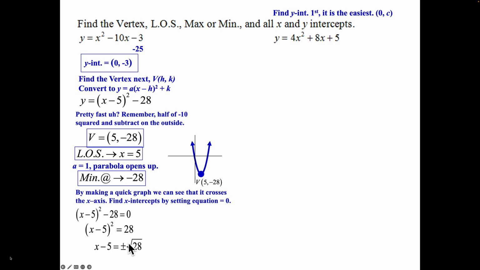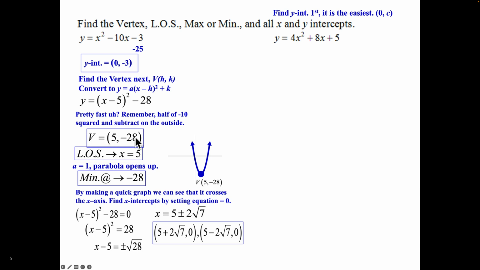So the square root of 4 is 2. We can put that in front here after the plus or minus, and 7 on the inside. Then we'll add the 5 over and put that in front of our plus or minus. So now my two x-intercepts are (5 plus 2 square root of 7, 0) and (5 minus 2 square root of 7, 0).